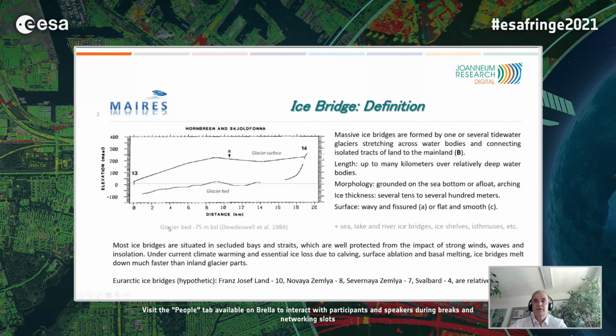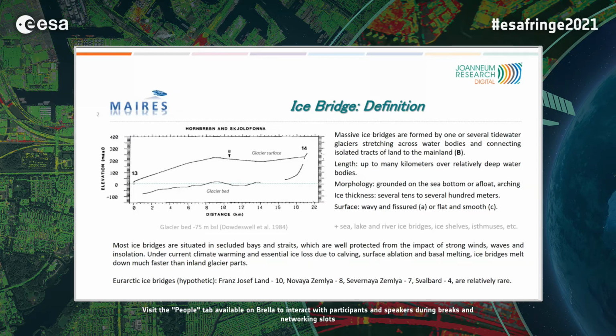Under current climate warming and essential ice loss due to calving, surface ablation, and basal melting, ice bridges melt down much faster than inland glacier parts. According to our estimates, there still exist nearly 30 large but still hypothetical ice bridges in the high Arctic archipelagos of Franz Josef Land, Novaya Zemlya, Severnaya Zemlya, and Svalbard.